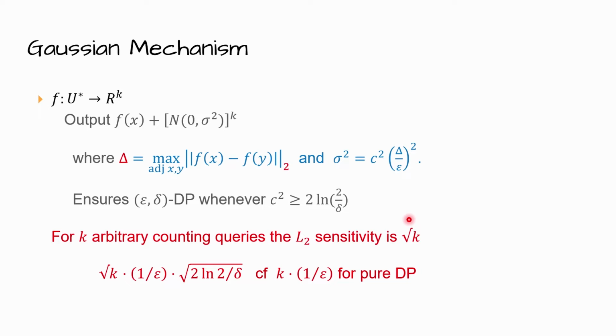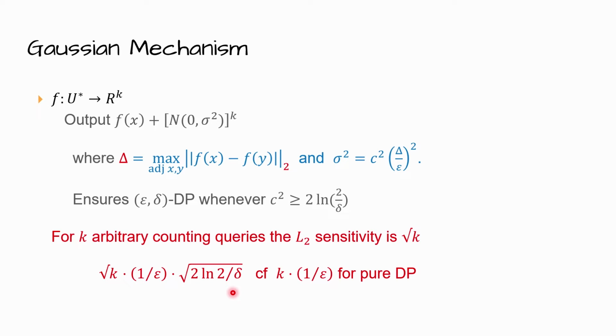Nonetheless, what this gives us is that for k arbitrary counting queries, since the L2 sensitivity is square root of k, we end up adding noise that looks like square root of k, that's the sensitivity, times 1 over epsilon, times this square root of 2 log 2 over delta.